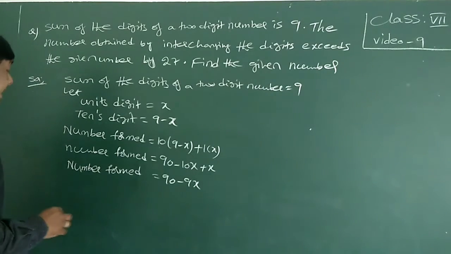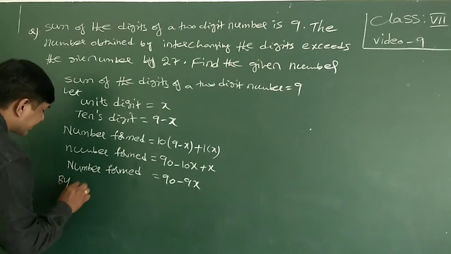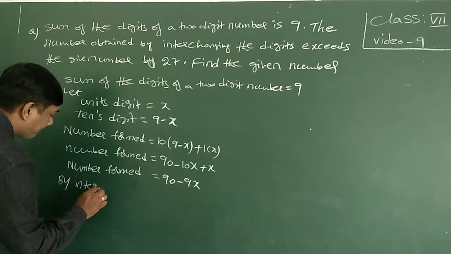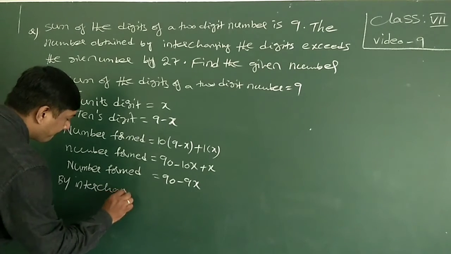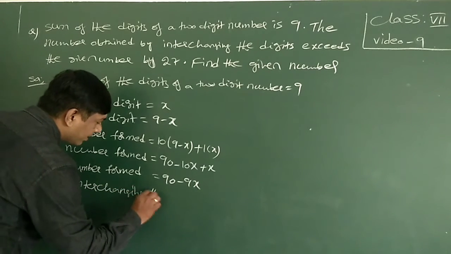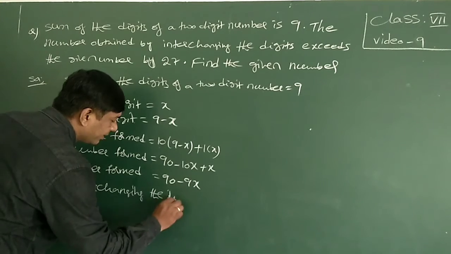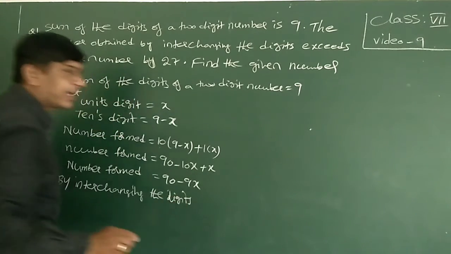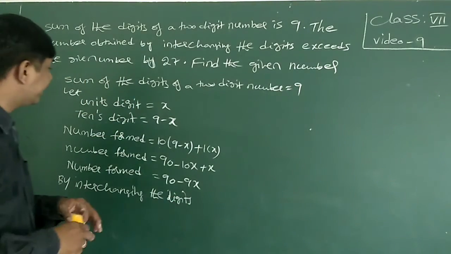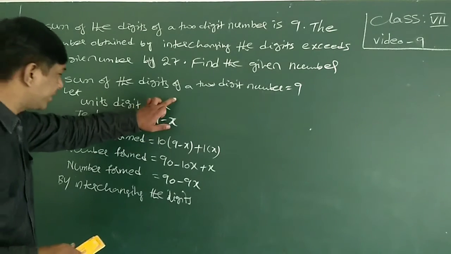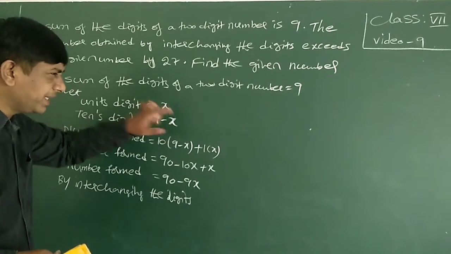Now, by interchanging the digits, the tens digit will go to units place and the units digit will come to tens place.